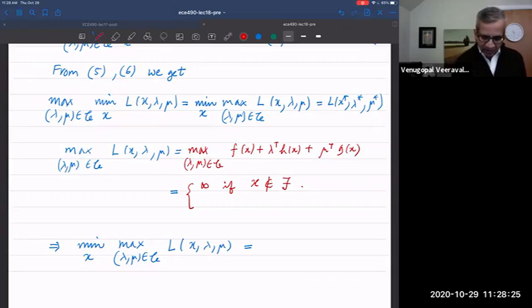And if it does belong to the constraint set, then what happens? Then this will be less than or equal to 0, and this will be equal to 0. So then the maximization of this is the same as the maximum value of f of x, because these won't matter in that case.